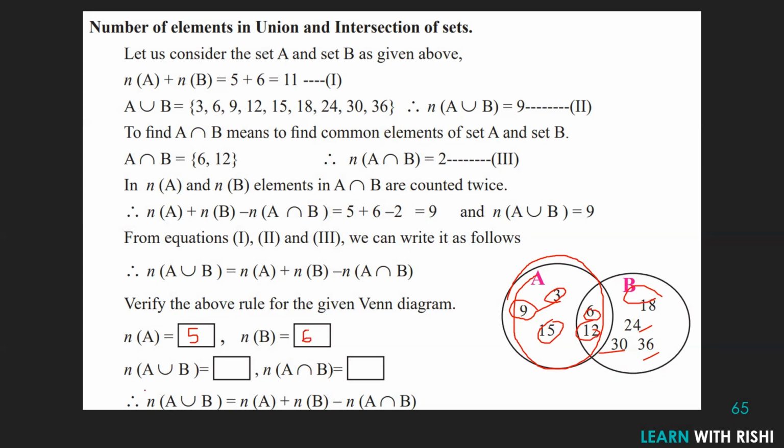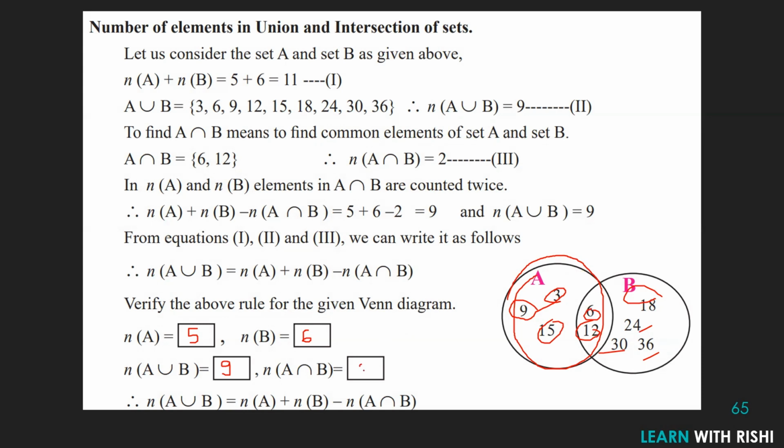Now you want A union B. A union B means all the elements present in A or present in B. So if you count 1, 2, 3, 4, 5, 6, 7, 8, 9, there are 9 elements present. And A intersection B means the common elements in both A and B. So there are 6 and 12. These two are the common elements.